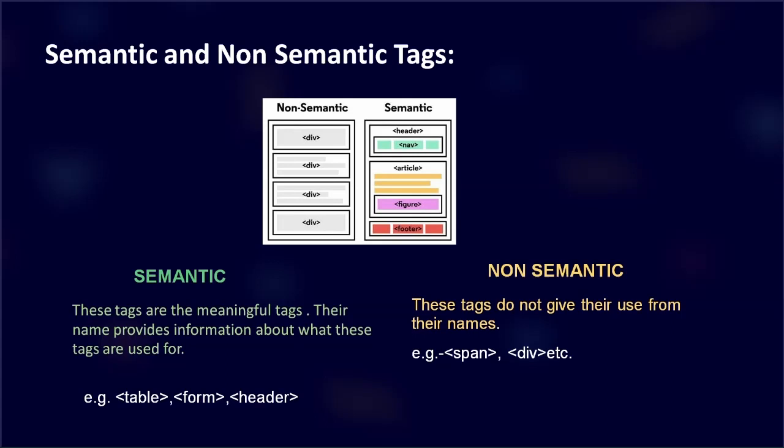And for the non-semantic tags, you cannot relate their work from the meaning of their word. So like table, form, header, these names only suggest for what purpose these tags will be used. Span and div are non-semantic tags, which you cannot directly say by their name for what purpose they are used. So these are the semantic tags and non-semantic tags.